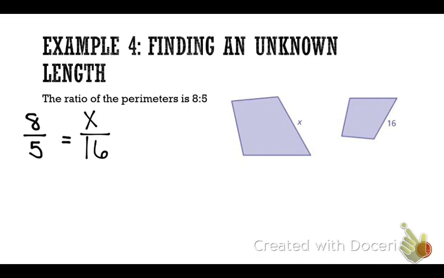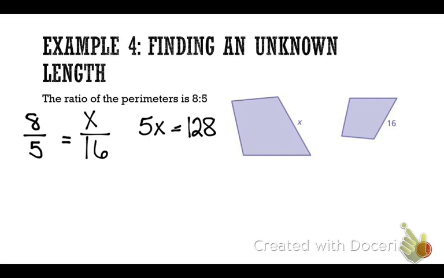We're going to use cross products. All right, you guys remember 5 times x is 5x, and 16 times 8 is 128. Yes, 128. It's not a race, guys, don't worry.